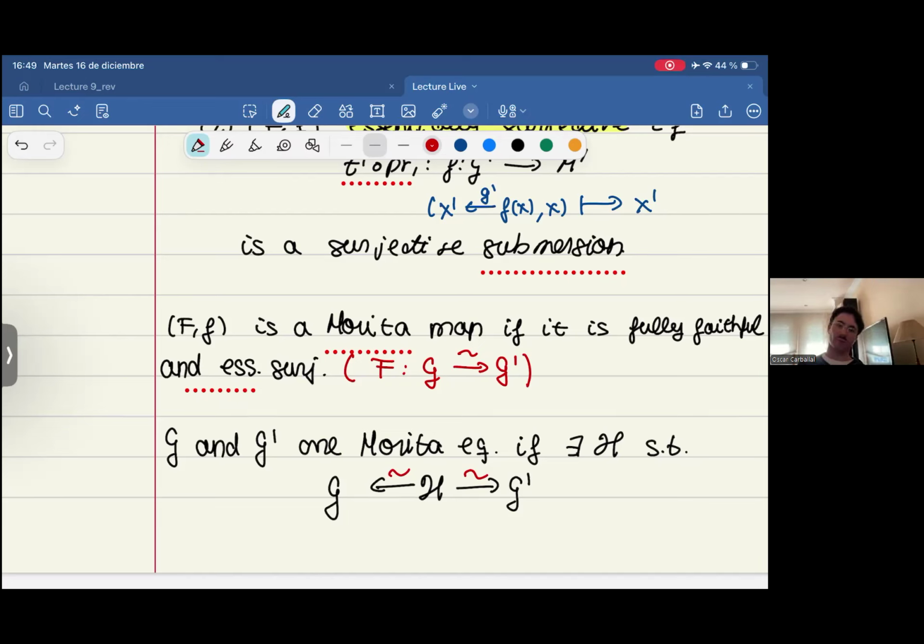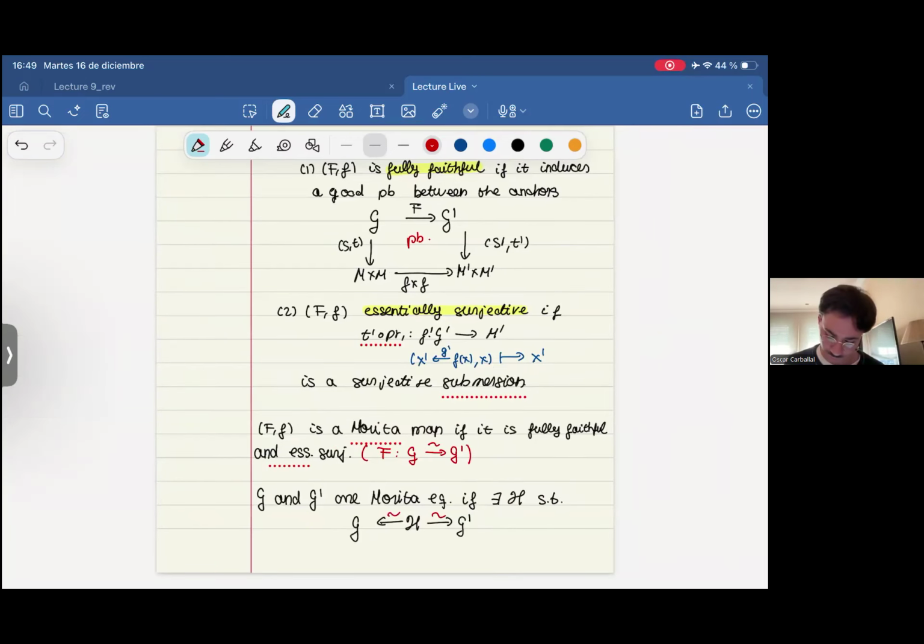So two Lie groupoids are Morita equivalent if there exists another third Lie groupoid equipped with Morita maps onto the Lie groupoid G and the Lie groupoid G prime. Okay. So what we really want is to obtain a category in which Morita equivalence between Lie groupoids is an equivalence relation. If we take the category of Lie groupoids with objects Lie groupoids and maps precisely morphisms of Lie groupoids, Morita equivalence is not an equivalence relation there.